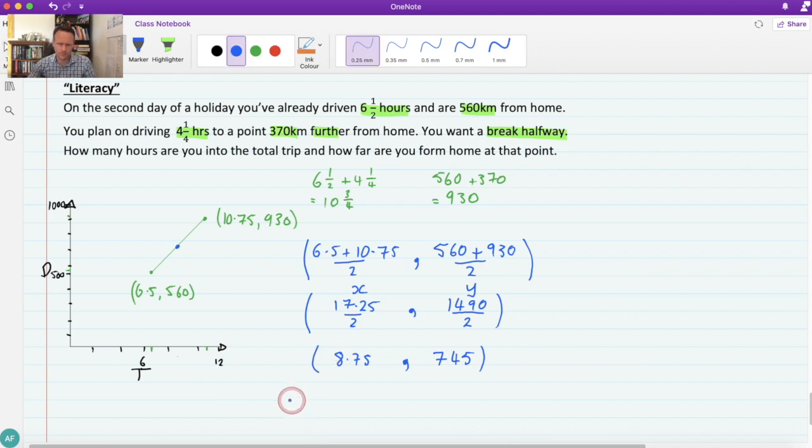So we are 8.75 hours and 745 kilometers from home. And that's our midpoint question done. So just there, we can even put that in just to finish it off: 8.75 and 745.